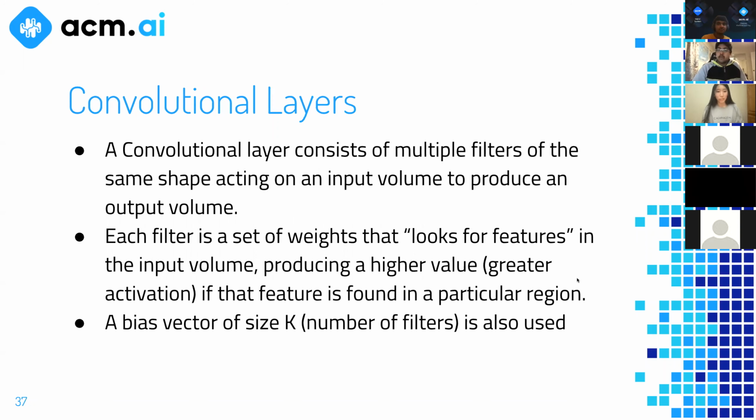Yeah, essentially, this is pretty much what a convolutional layer is. A convolutional layer just consists of multiple filters that we go over the initial input layer with, and that itself will produce an output volume. Each filter is responsible for looking for a very specific feature.